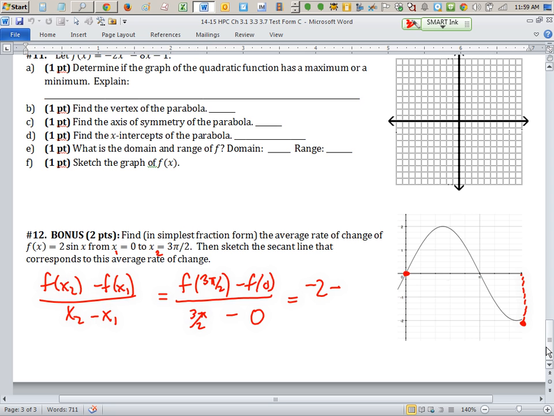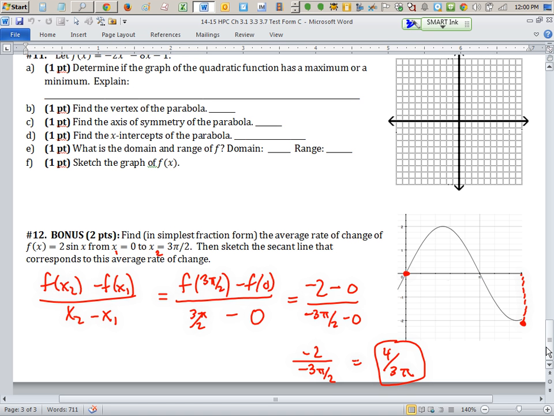F of 0 is evidently 0. That's the y-coordinate. So I get negative 2 over negative 3 pi over 2, in other words, 4 over 3 pi. And that's the answer.